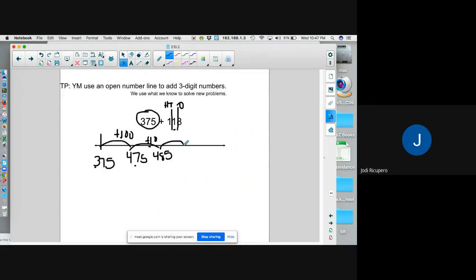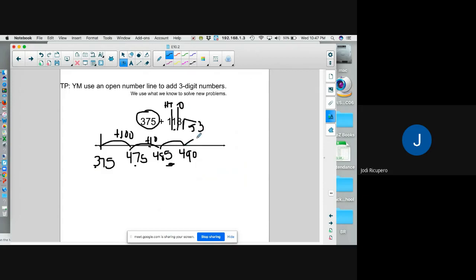And now I need to add the 8. On my 8, I'm going to break it apart into 5 and 3 because I want to make a number that has 0 at the end. So 485 plus 5 equals 490.